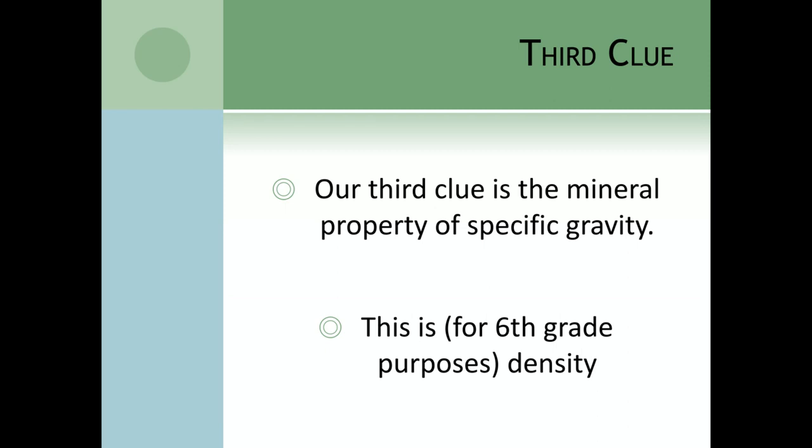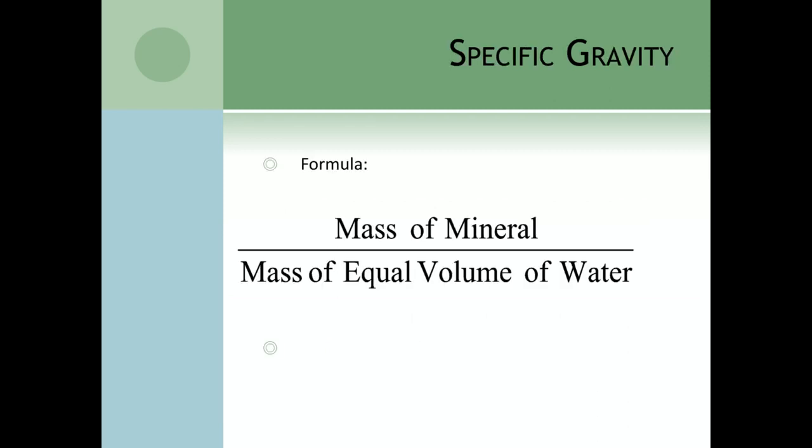I'll spend a minute or two showing you the difference, but in reality, we'll show you how they're really the same thing. So, specific gravity of minerals has a very interesting formula. You take the mass of the mineral, usually being balanced, and then whenever you see something over something in a formula, you know that it is division. So we're going to take the mass of the mineral and divide that by the mass of an equal volume of water.